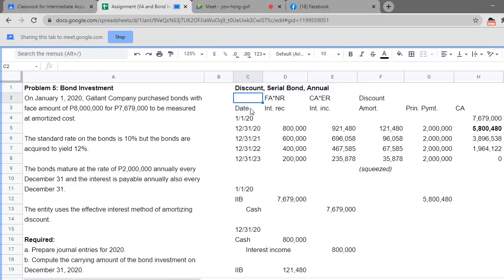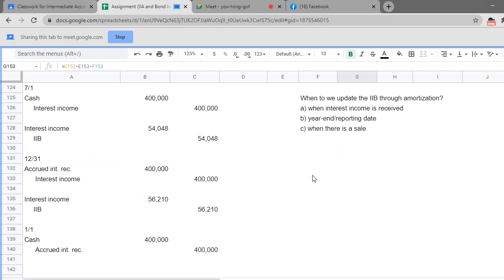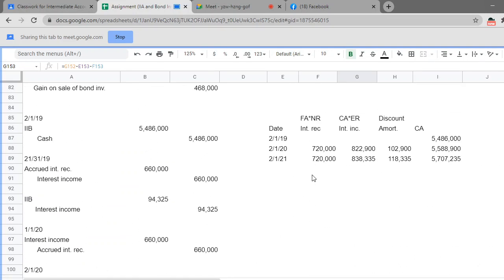So, unsay something or what catches your attention here? First is kani. Unlike the typical discount, I think we have an illustration here kanina. Discount. Eto. This is also discount. Kaya nga lang, this is not serial.